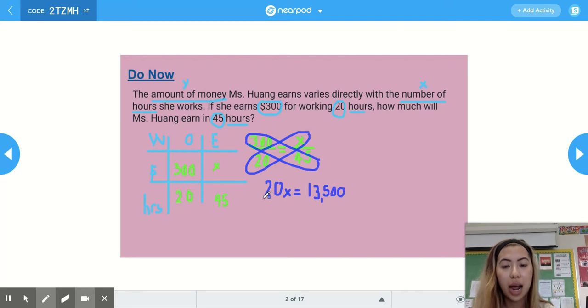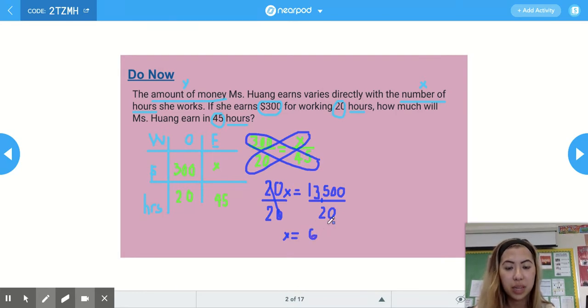And then I have to get the x alone, and so I'm going to divide both sides by 20. 20 divided by 20 is 1, so we have x is equal to 13,500 divided by 20, and that's going to be 625.